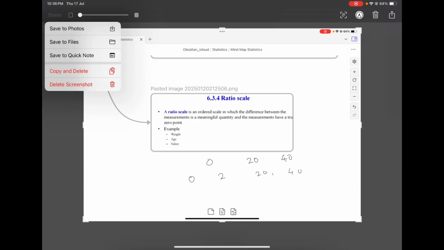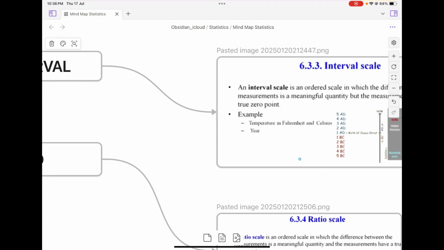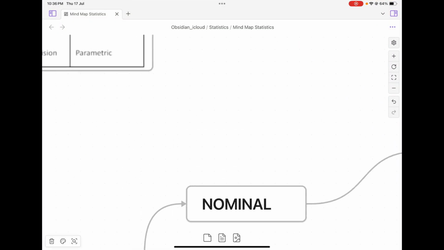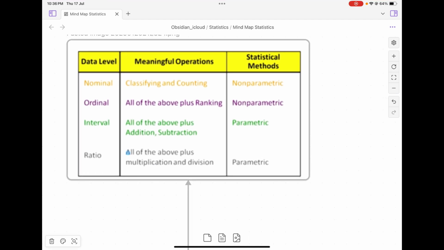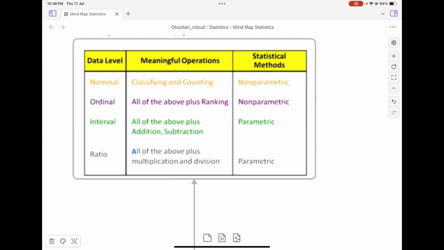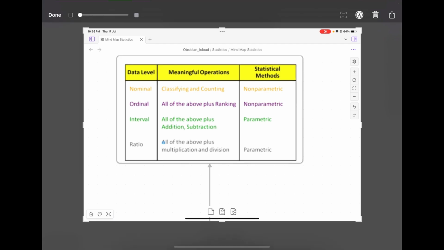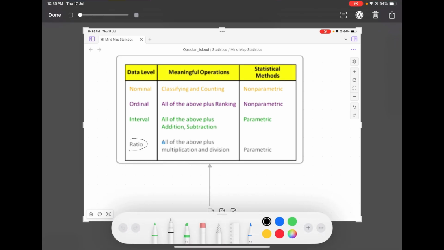Let us see one more thing. We have seen four different types of data. Let us call that data level. I told you this is the highest level, that is the ratio, then comes interval, then ordinal, then nominal.